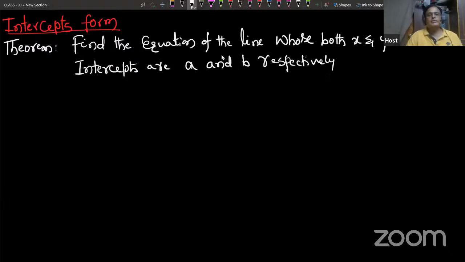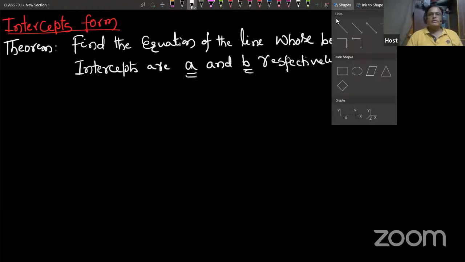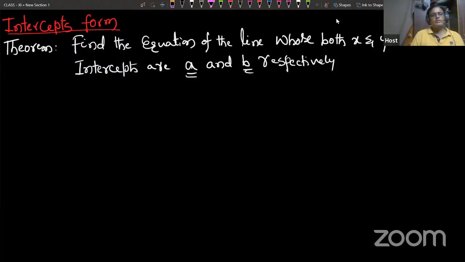Both x and y intercept, that is, x intercept is A, y intercept is B. Here also, immediately I'll go for the diagram, x intercept and y intercept. Look at it.